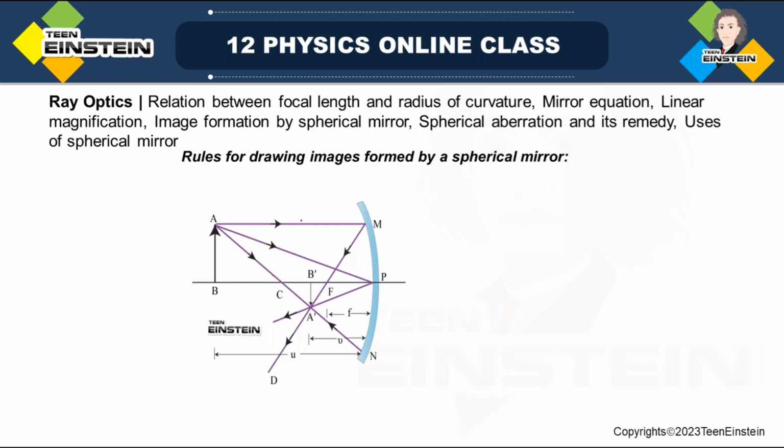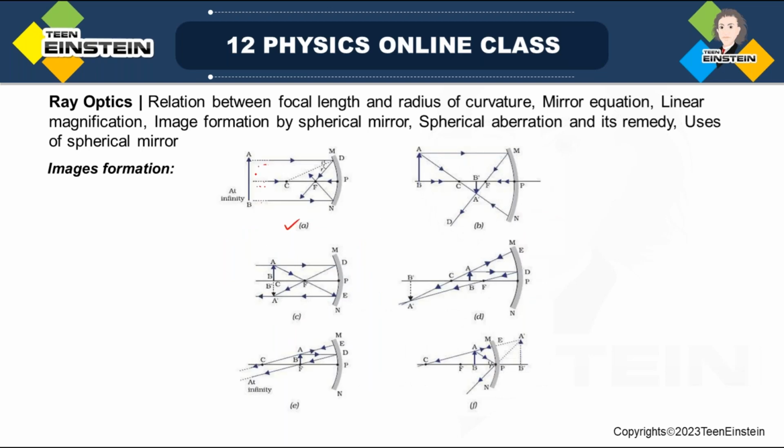These two rays will serve your purpose in the formation of images. One is a parallel ray, which after reflection will pass through the focus. Another ray is passing through the center of curvature. After reflection, that will retrace the path.